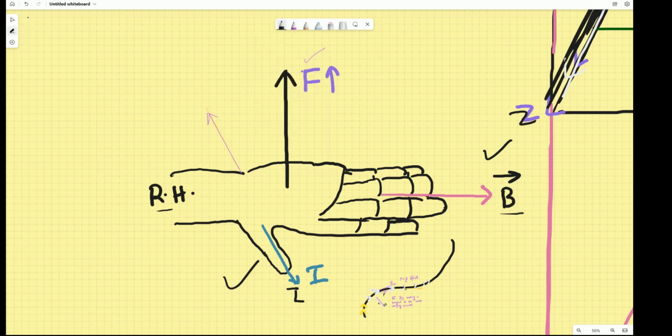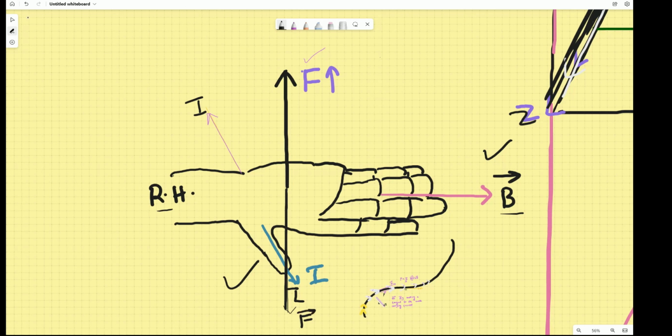So always use this diagram to envisage scenarios, right? Using this diagram you can imagine in your mind, if you now, for example, change the direction of B. I told you, you have inverted the direction of I, right? So force became inverted.